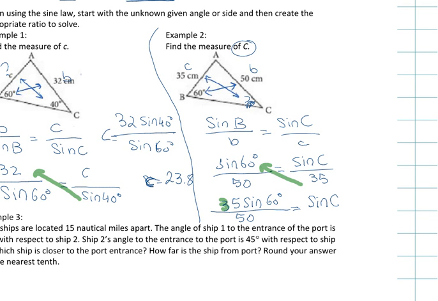Yes. Did we get that? Yes? Now is that a good measure for angle C? Did I find angle C this way? Does this say angle C or does this say sine C? I'm asking you that question, guys.